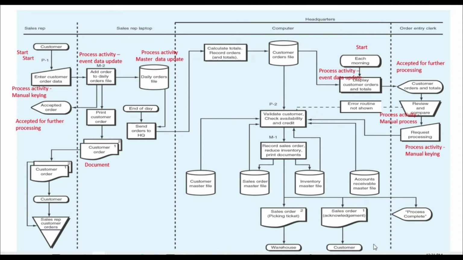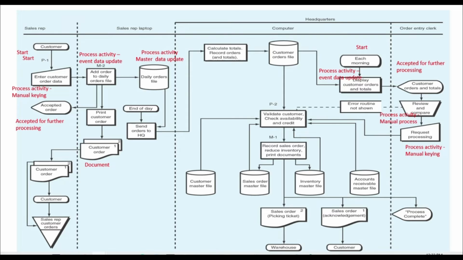If you take, for example, a flowchart diagram, there's a starting point, and then the data and the processes. When there's manual key, the manual key is shown by a certain flowchart symbol, and then a process activity, event data update is shown by a rectangle, and a master data update is shown with a cylinder.